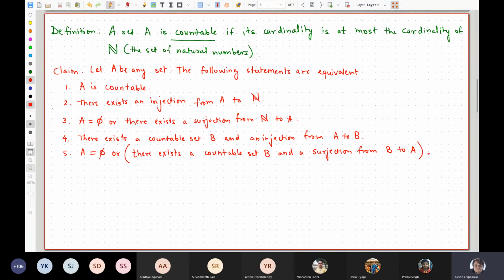We'll use whatever tool is convenient depending on what set we are trying to prove to be countable. We also proved in the last class that some sets are countable.